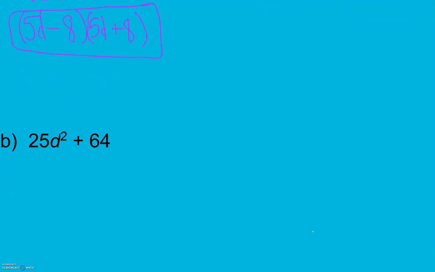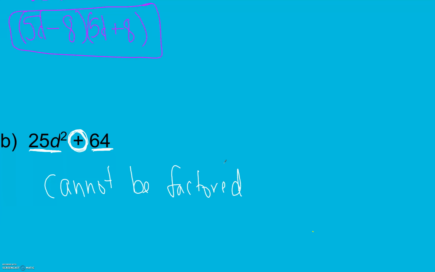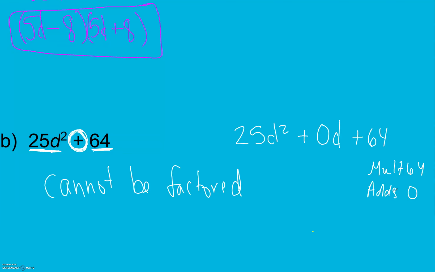If we look at B, though, this one's a little bit different. We have a perfect square and a perfect square, but we have to find the difference of two squares, not the sum. Here, this cannot be factored. Because if we wrote this out, 25d squared plus 0d plus 64, there's nothing that multiplies to 64 and adds to 0.